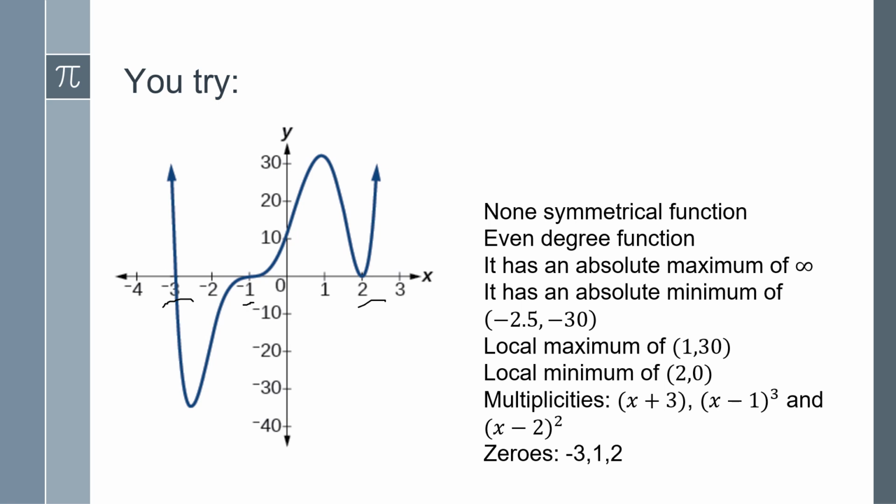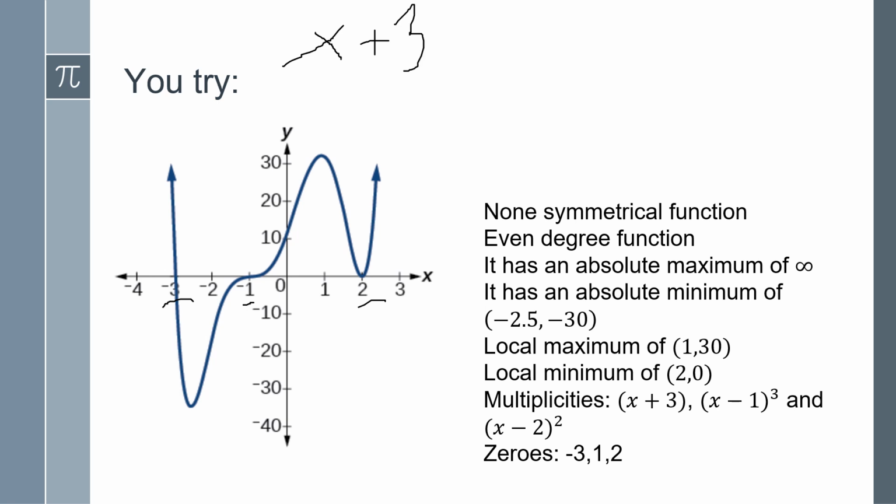So that means if we go to the multiplicity, the factor form of that answer, instead of being x equals -3, it's going to be x plus 3. And the reason why that happens is because that's the factor.